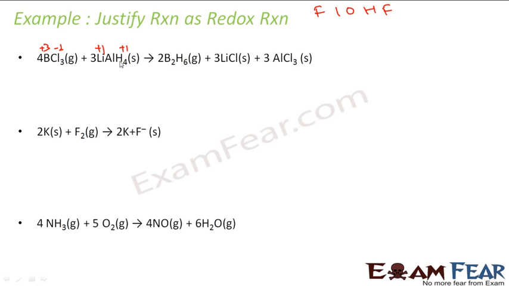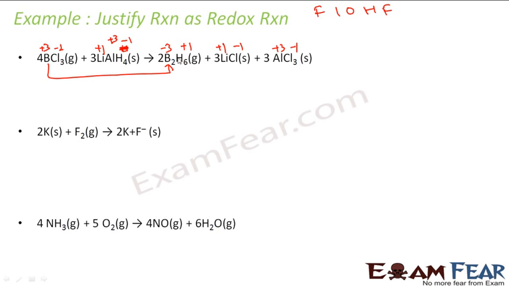This is a hydride, so H is -1 in LiAlH4, and aluminium will be +3. Here in B2H6, H is +1 and B will become -3. Here Cl is -1 and lithium is +1. In AlCl3, Al is +3 and Cl is -1. Now let's see: B goes from +3 to -3. This is a reduction.